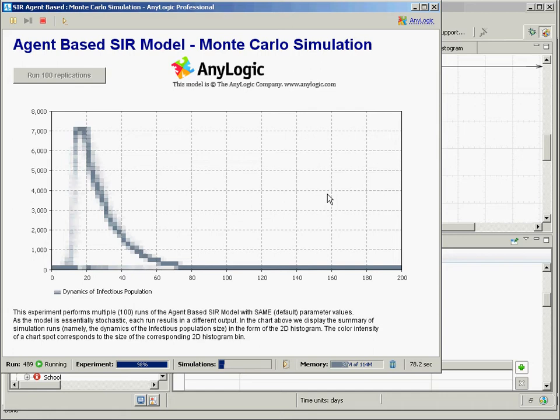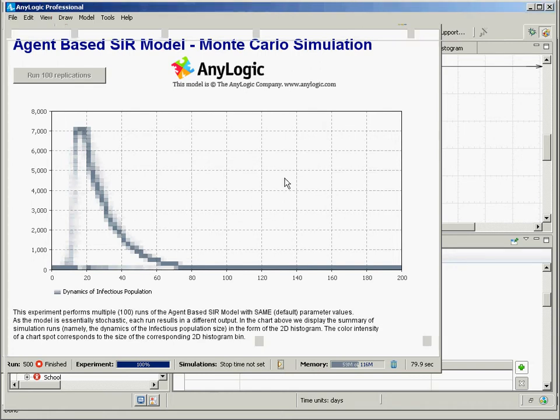So there it is. It's a little bit more textured perhaps than the previous one, although it's not bad. This is with no variability in parameters. Purely stochastics caused by the vagaries of when people recover, to whom they send the messages, that sort of thing. So any questions on that?